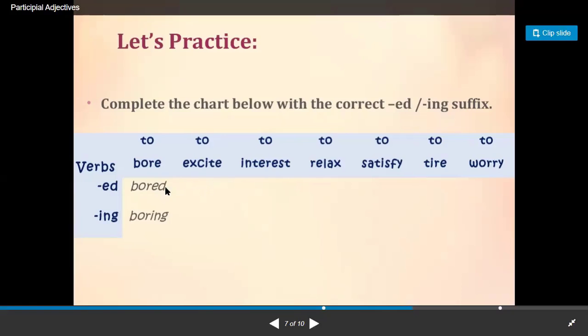For example, bored and boring. Then make sentences using both participle adjectives: a separate sentence with bored, and a separate sentence with boring.